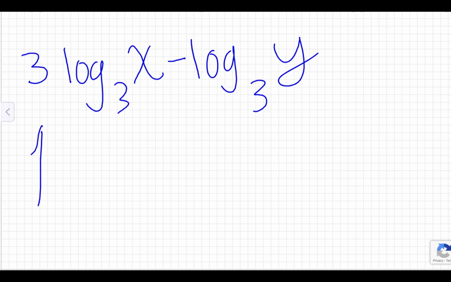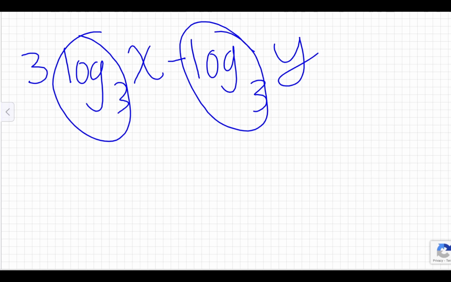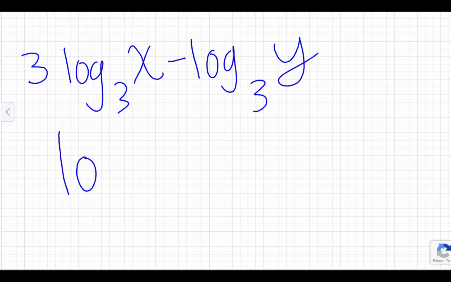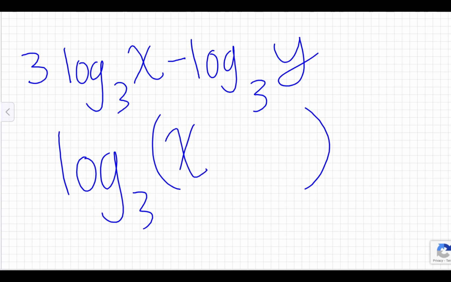We see that this 3 is going to be the exponent of the answer. We find that log base 3 and log base 3 are common, so we can condense these. We put log base 3 and then parentheses. We bring down the x because that's the answer, and this is its exponent.